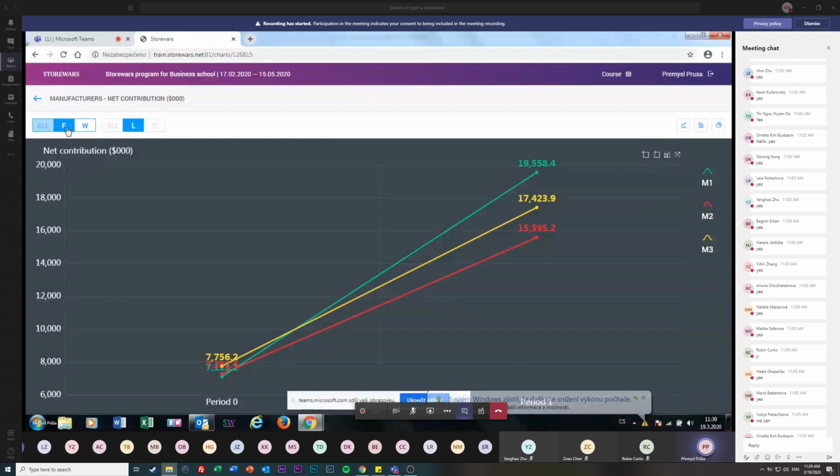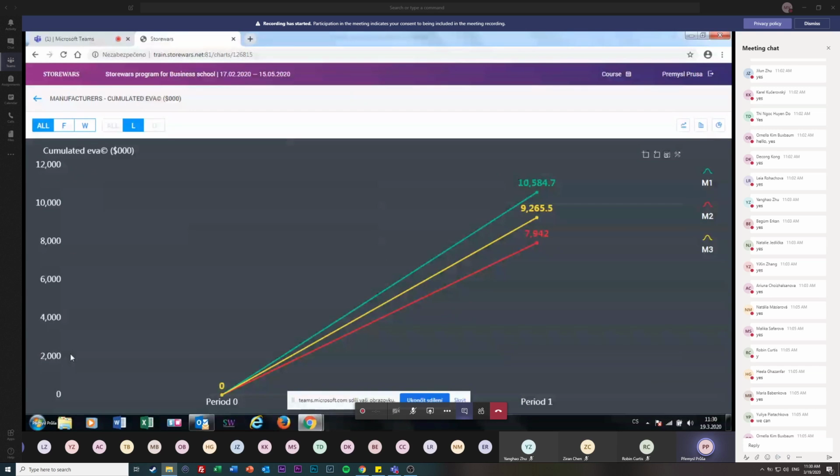And finally, I can show you the EVA, because that's what you want. Let's see the cumulated EVA. So we are growing. We are growing the EVA.